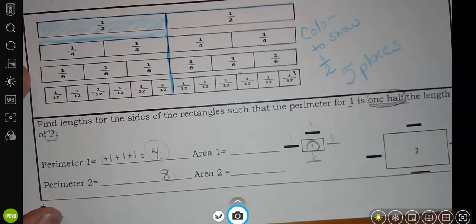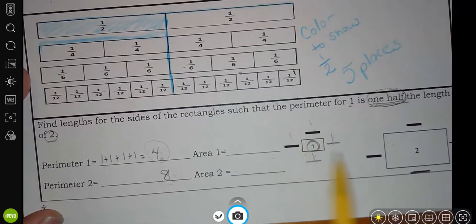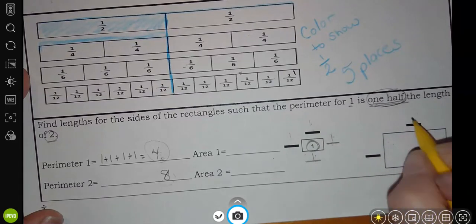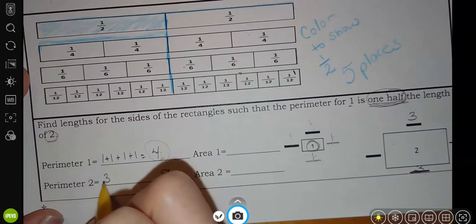This one looks like a rectangle. Technically, this one's a rectangle too, so maybe I didn't need to use 1, but it didn't say to make it look exactly like a rectangle, right? It just said perimeter is 1/2. So what could I make both sides and these 2 sides? Well, let's see. If I say the long ones are 3, 3 plus 3 is 6.